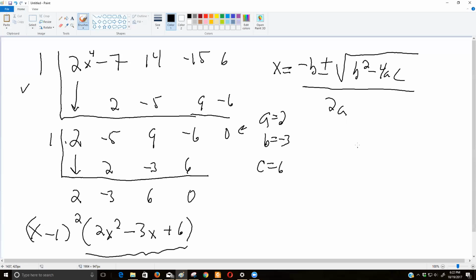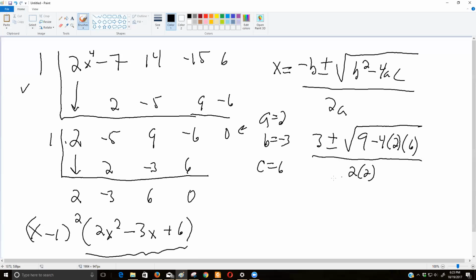And I'm just going to apply that into the quadratic formula. So -b is 3, plus or minus the square root of -3 squared, which is 9, minus 4 times 2 times 6, all over 2 times a, which is 2 times 2.